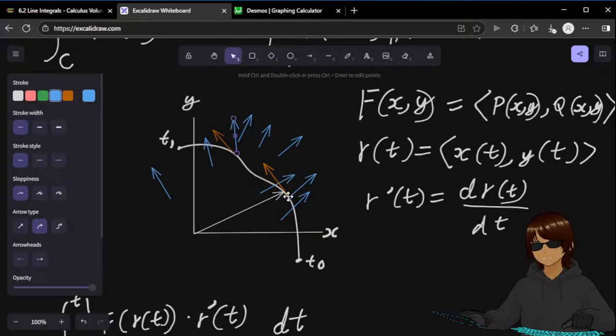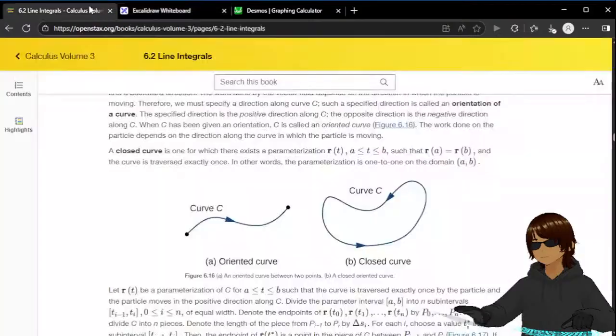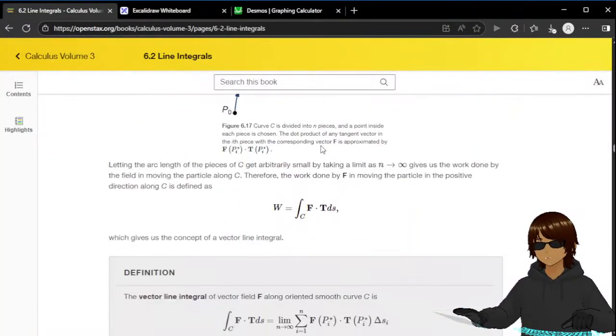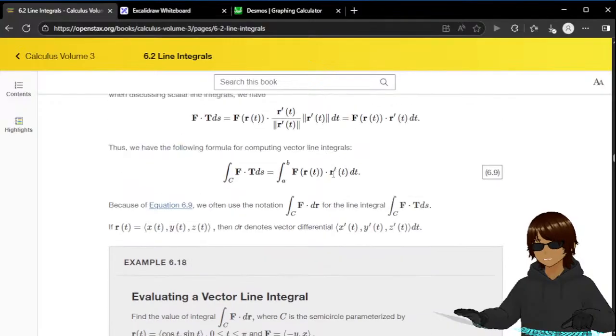So tangent dot this, we are doing infinite sums of these throughout the entire curve, multiplying it with dt. That's the vector line integral: f at r(t) times the derivative of r dt.